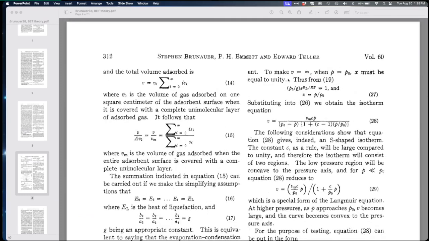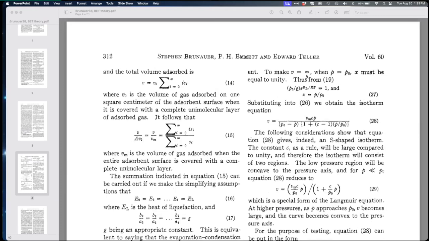So at the saturation pressure, for those not in chemistry, the saturation pressure is the pressure at which a liquid turns into a vapor, or a vapor turns into a liquid. For water at 100 degrees Celsius, the saturation pressure is 1 atmosphere, essentially what we feel around us most of the time.